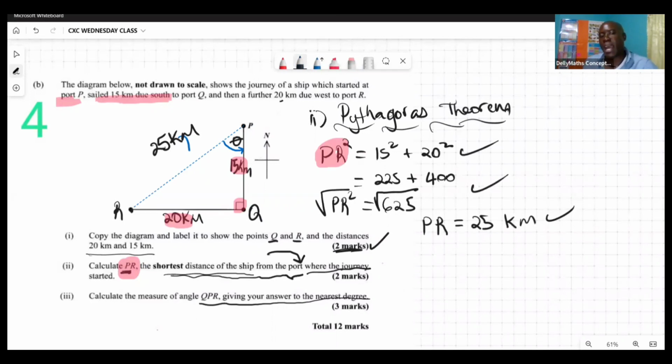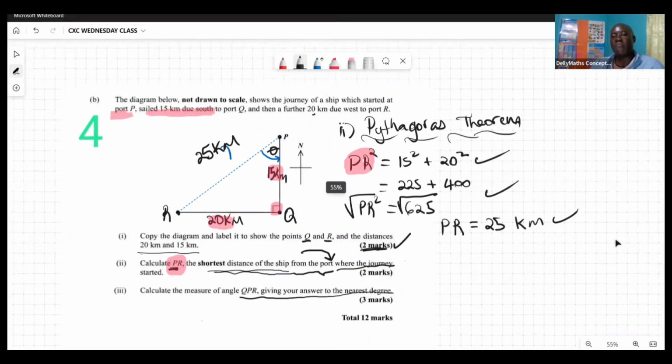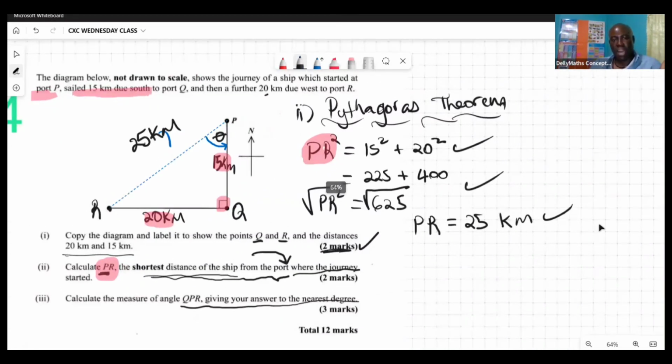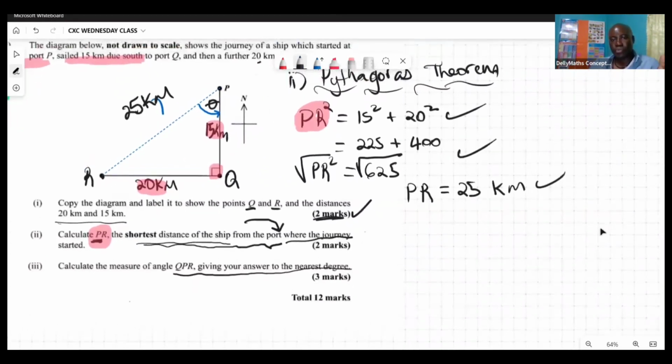Of course, you can find an angle. You know that all the rules can work, because you have the three sides. Whenever you have three sides of a right angle triangle, you can use all three ratios and get the answer. So nobody is supposed to say they don't know what to do here, because every one of them can work, because you have all the sides of the triangle available to you.